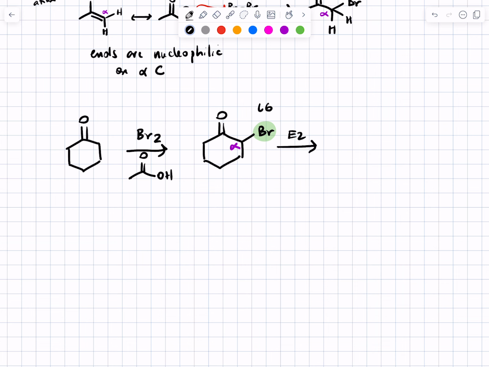So E2-style elimination, and the proton that could be removed is there on the beta carbon. The E2-style elimination would give you this, which is an example of an enone or an alpha-beta unsaturated carbonyl compound, which you can then use for other things, right?